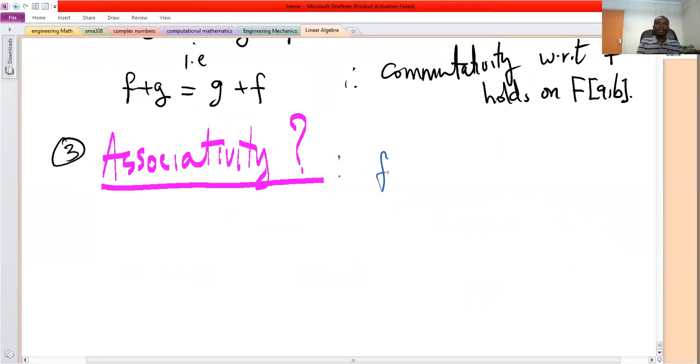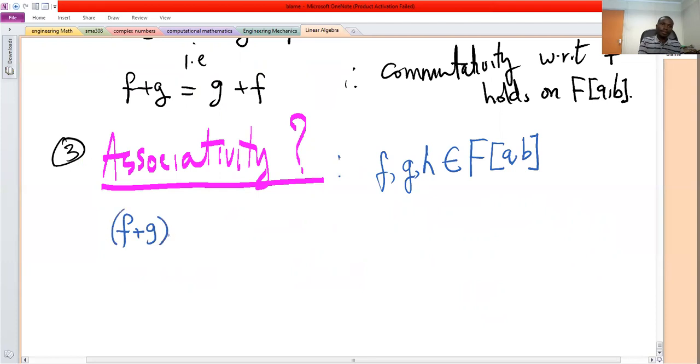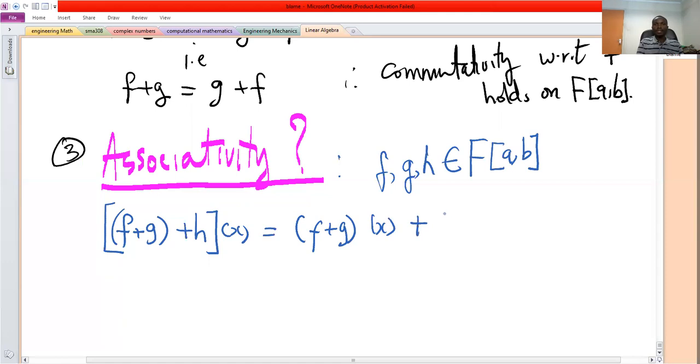We have specified f, g, and h are functions in this set F. Then f plus g, plus h of x will be f plus g of x plus h of x.